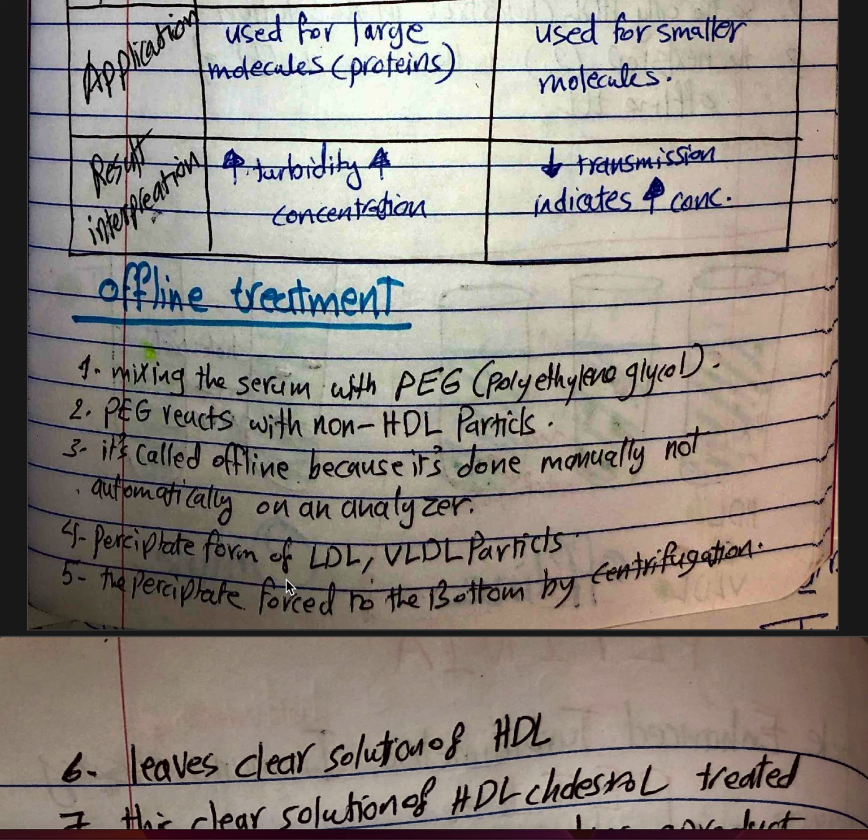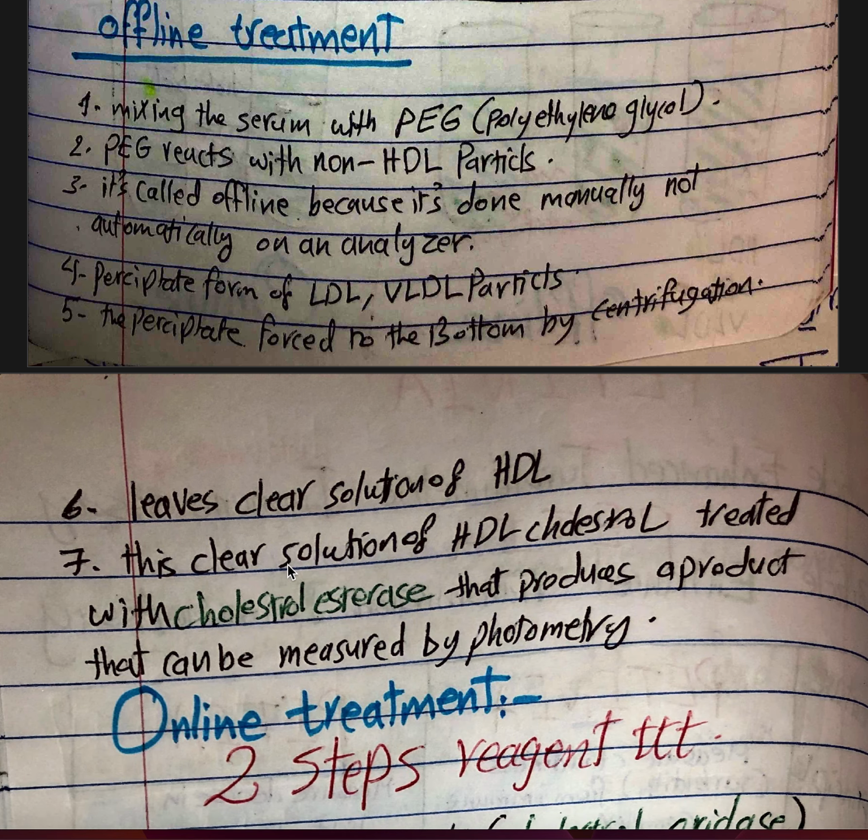The precipitate is forced to the bottom by centrifugation, and we said before how the centrifugation happens. We incubate the sample for 30 minutes, and then put it inside the centrifuge for 15 minutes at a speed of 5000. So the low density and very low density lipoproteins precipitate, and the high density lipoproteins remain above.